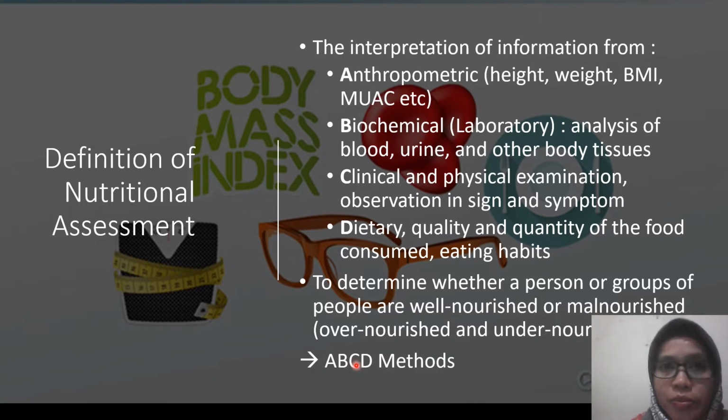Therefore, nutritional assessment is also known as ABCD method. But some references also mention that nutritional assessment include A, B, C, D, and E. Anthropometry, biochemical, clinical and physical examination, dietary, and the last one is ecology.